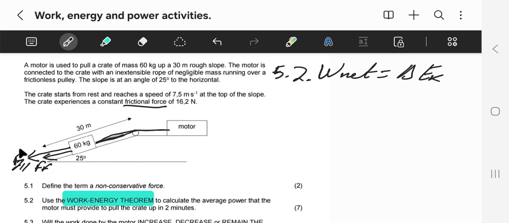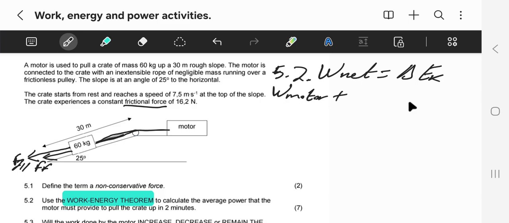So for us to find our work, we will look at the work that is done by each force here. So we have the work done firstly by the motor. The motor is getting work done by moving this object from where it's positioned up to there.